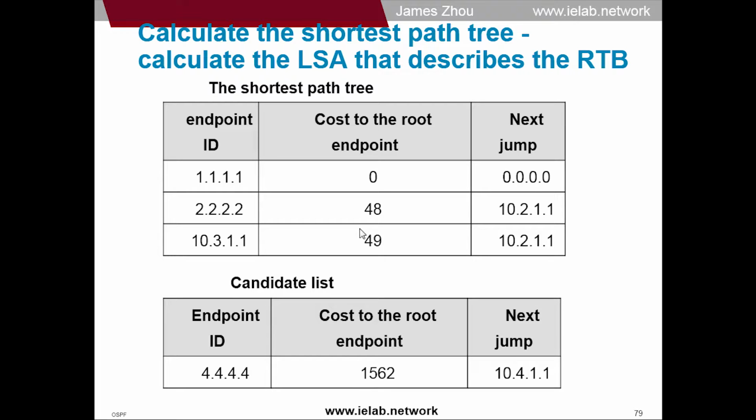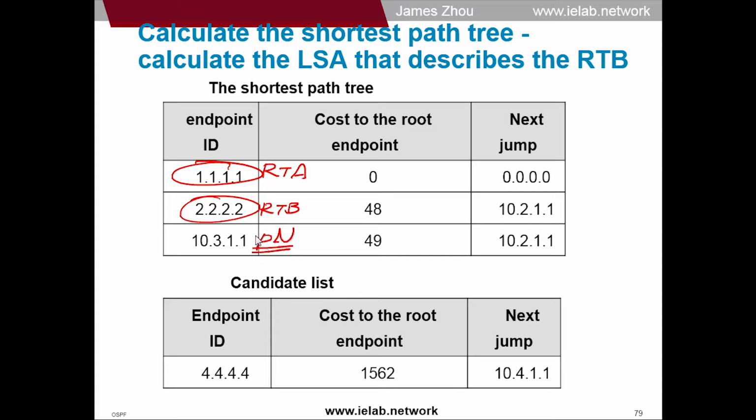Now the path list has 3 entries: RTA, RTB, and the pseudonode, because this is a transit network pseudonode.